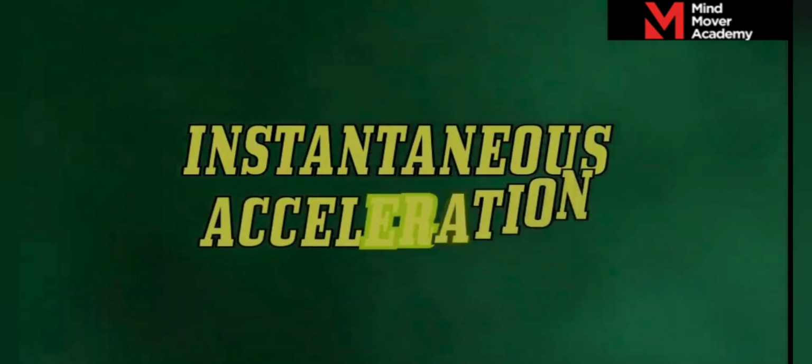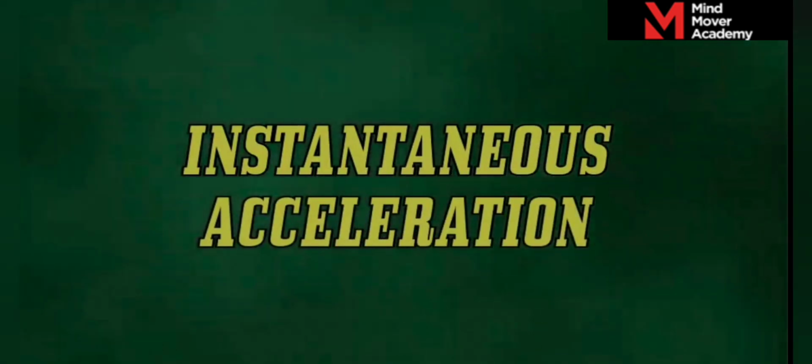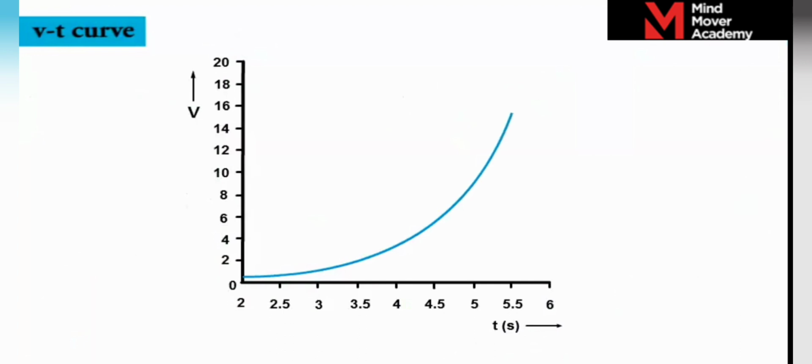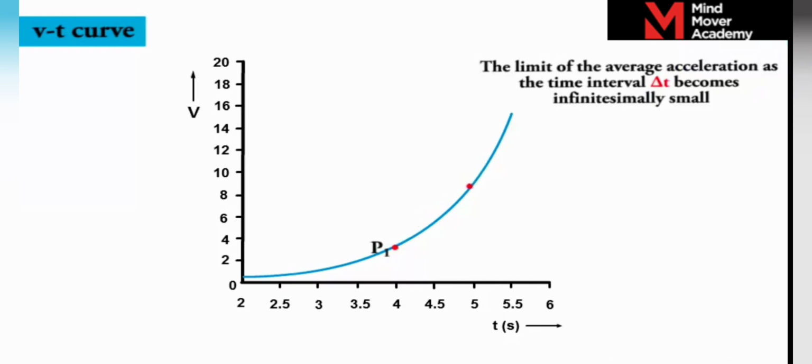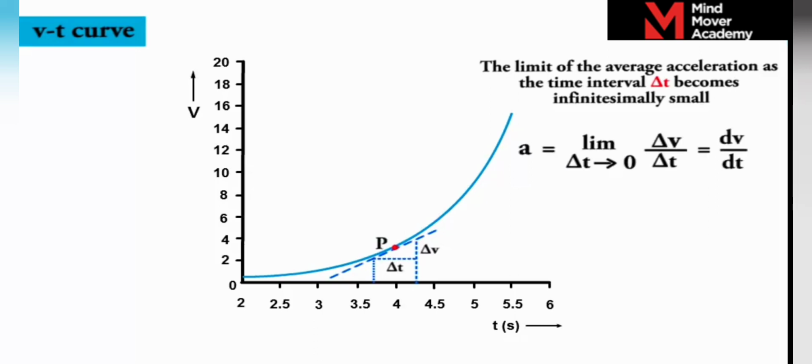Instantaneous acceleration. The acceleration at an instant is defined as the limit of the average acceleration as the time interval delta t becomes infinitesimally small. a is equal to limit as delta t tends to 0, delta v by delta t, is equal to dv by dt.